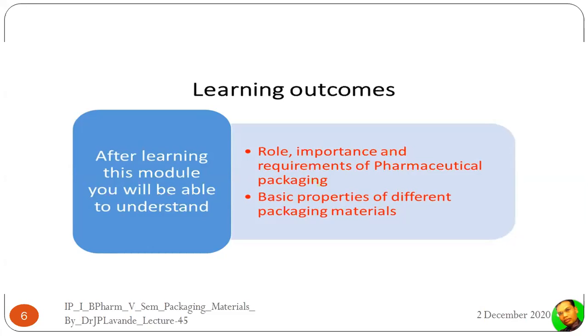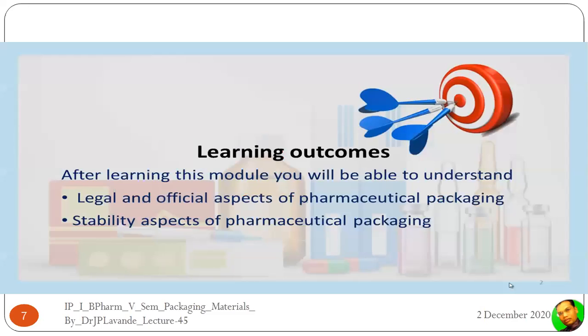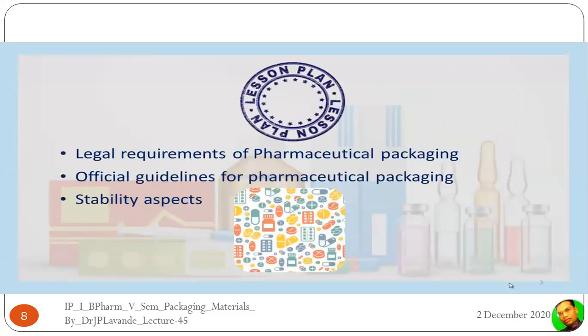So that is the significance, that is the uniqueness of pharmaceutical packaging compared to the packaging of other kinds of products. Today, basically, we have to see some of the legal and official aspects of pharmaceutical packaging, and we will see the stability aspects of pharmaceutical packaging.